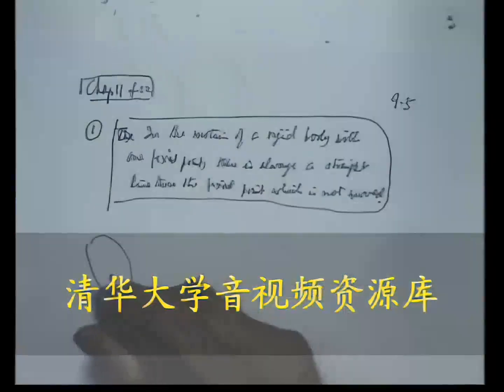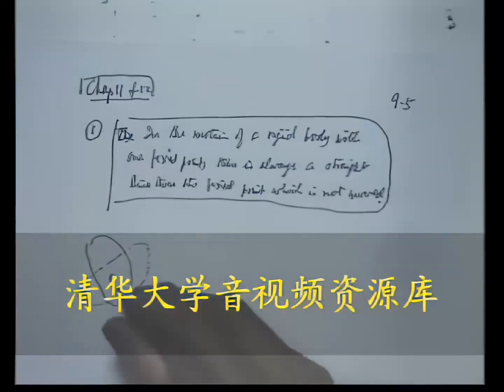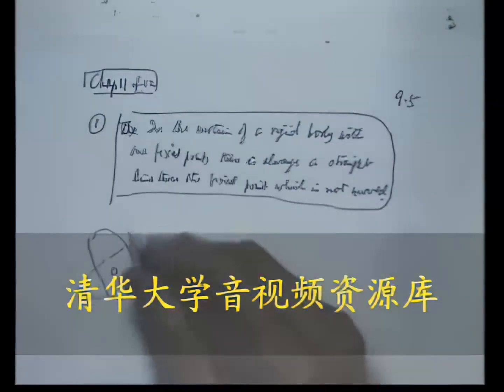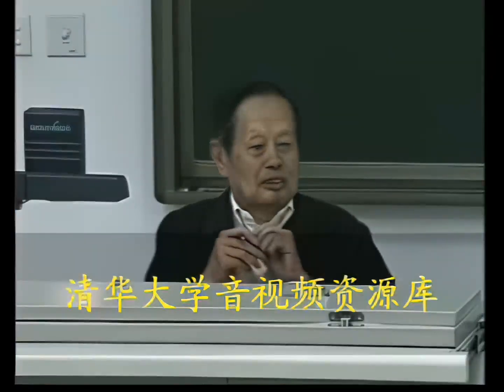So finally, let's say it goes this way. That point is not moved. What I want to prove is that there's in fact a whole straight line which is not moved through this point. Not only that point, but the whole line is not moved.